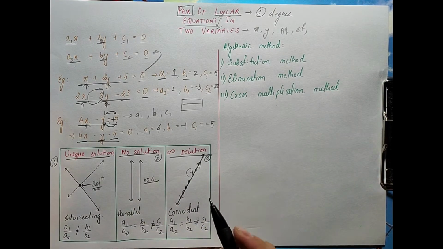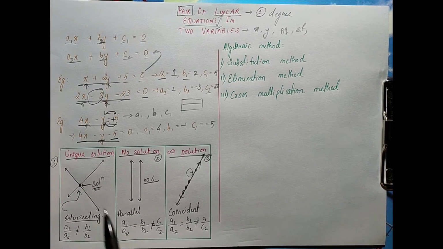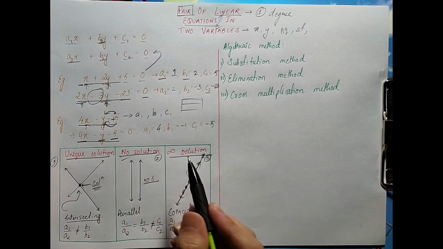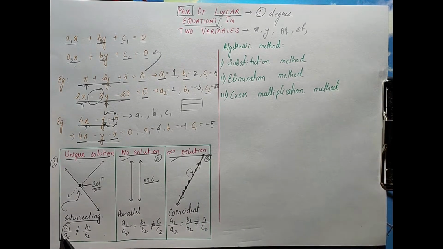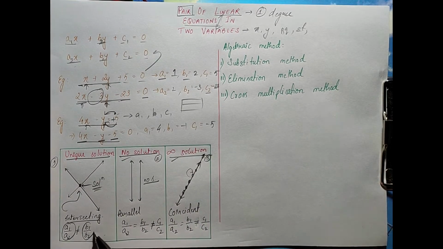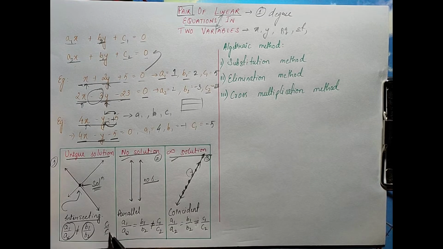So what will be the formula to find out whether it is a unique solution, no solution or infinitely many solutions? For that we will divide a1 by a2, b1 by b2 and c1 by c2. If a1 by a2 is not equal to b1 by b2, then it is definitely a unique solution. It cannot be the others.